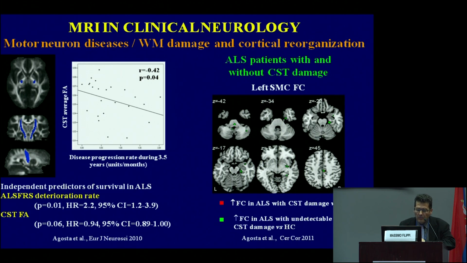And finally, I want to show you again that cortical reorganization also occurs in patients with ALS, and it could be that it happens very early in the course of the disease, because we were able to show changes in functional connectivity only in a few areas of the motor network in patients with ALS, and only in those who didn't have yet measurable changes in the corticospinal tract.